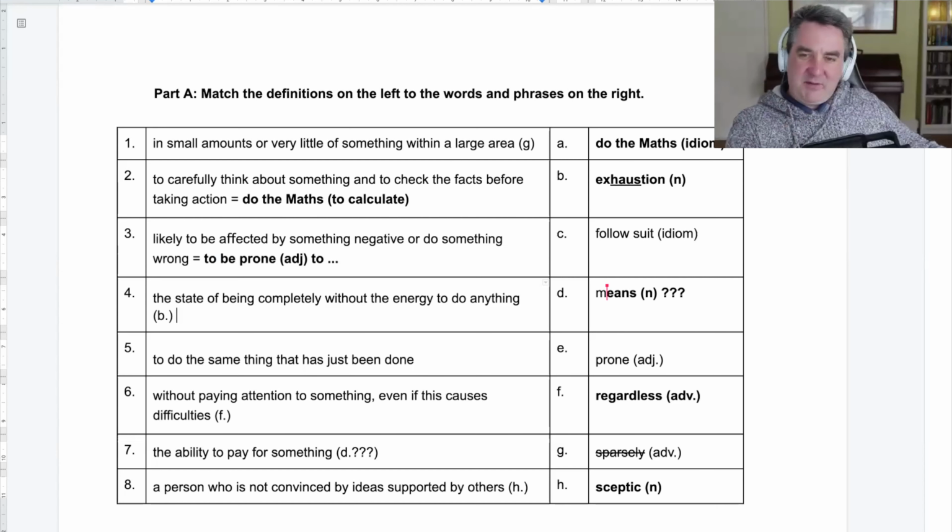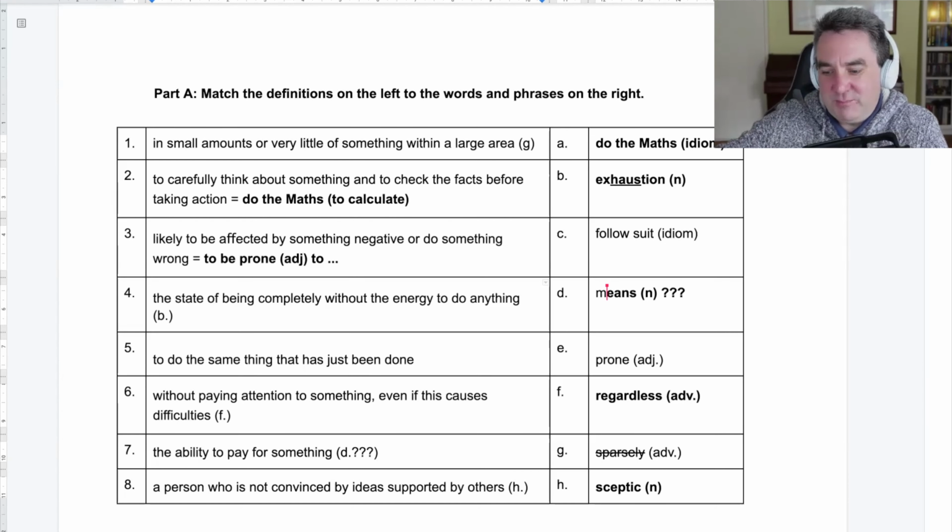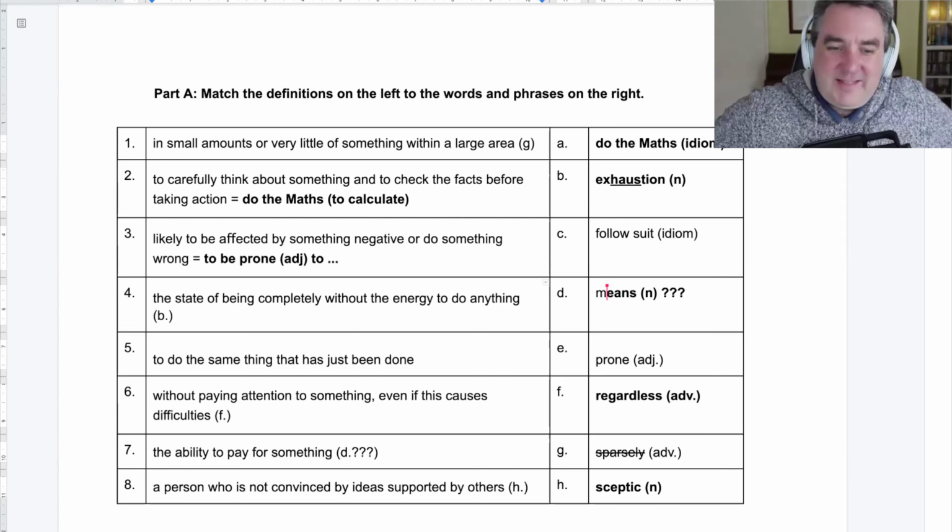So I have a glass and it falls off. And so it's something usually negative that affects you. For example, my son was prone to breaking glasses. Like a glass or something like that.